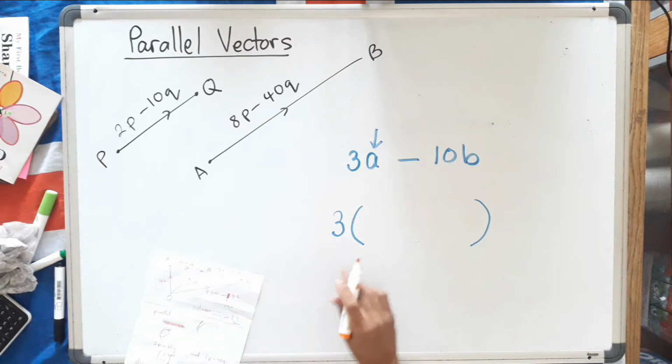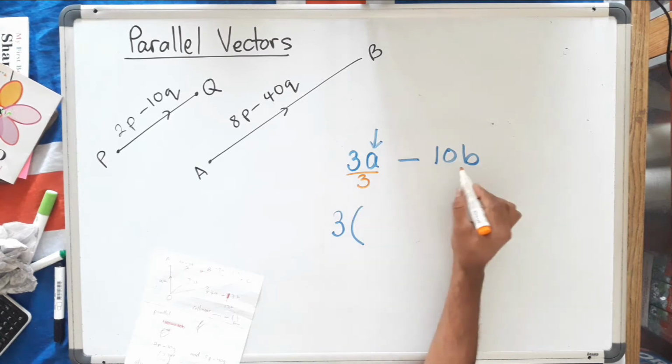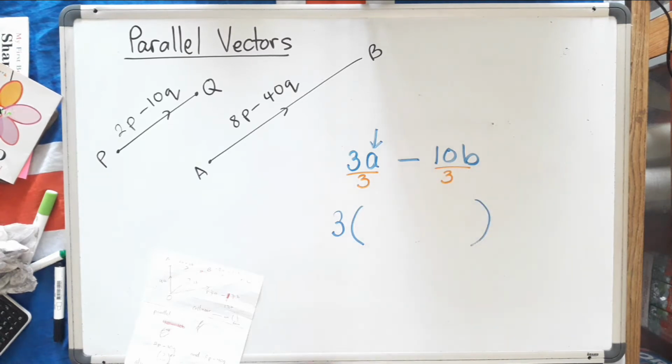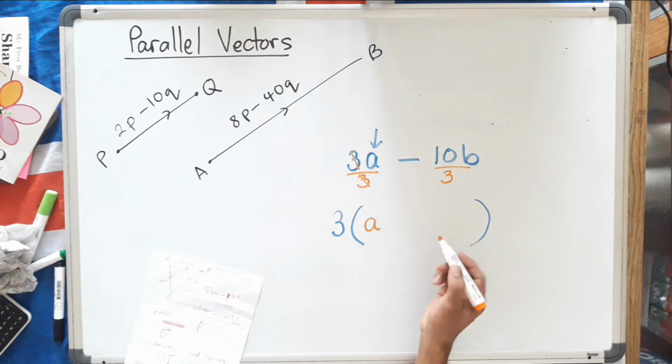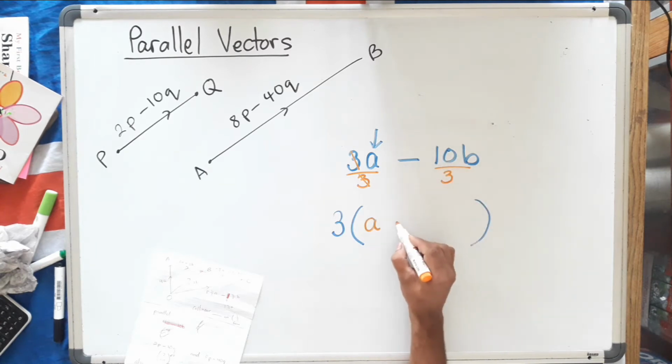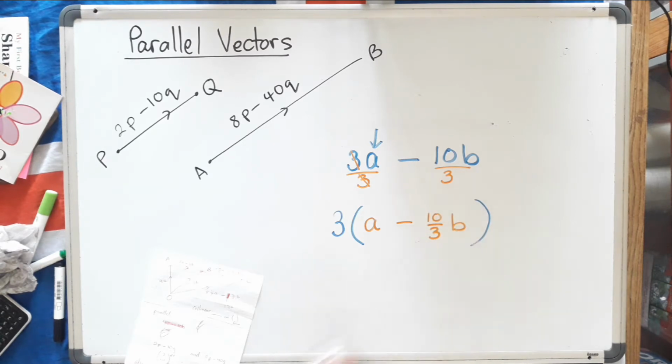So if I'm pulling out 3 from both of them, that means I'm secretly visiting everyone and dividing it by 3. 3 into 3 will give me, the 3 will cancel out with the 3, and a. And 10 divided by 3. Well, that's not going to look pretty on a calculator if you divide it. So just leave it as 10 on 3. Alright, and that's my answer if I am asked to factorize this. Like if I'm forced to factorize this.